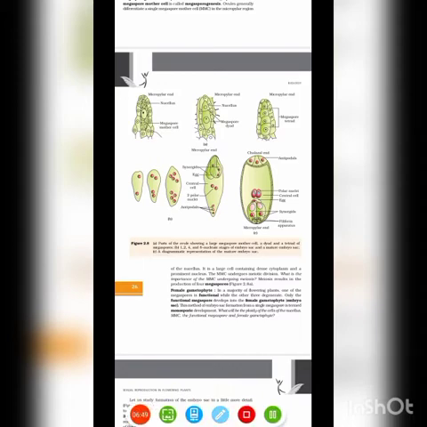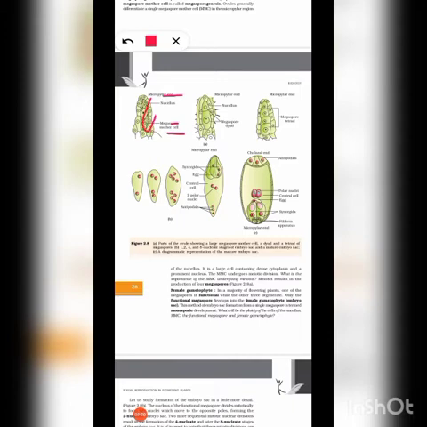So you can see the megaspore mother cell here. This is the micropylar end, and here the megaspore mother cell develops. It divides by meiotic division and forms what?